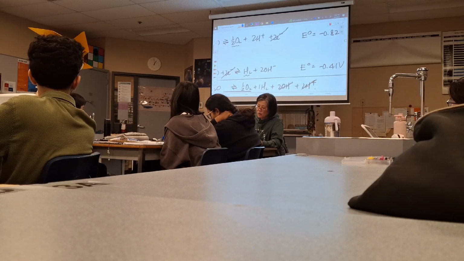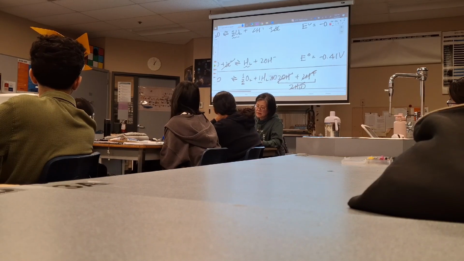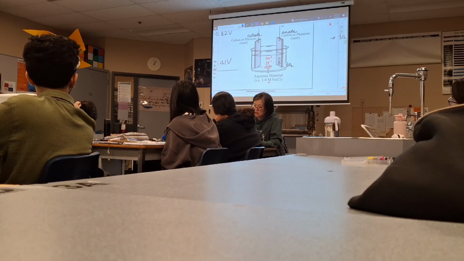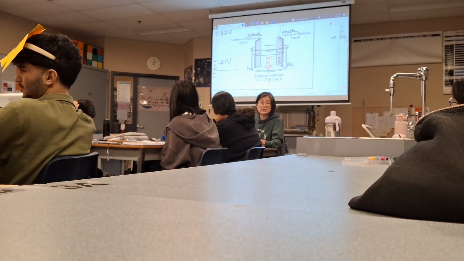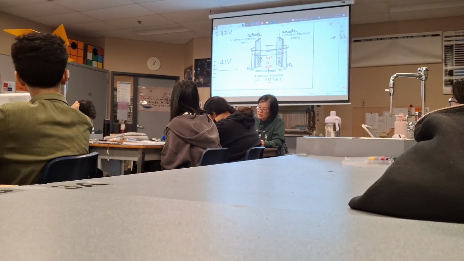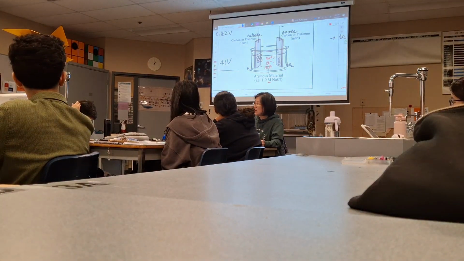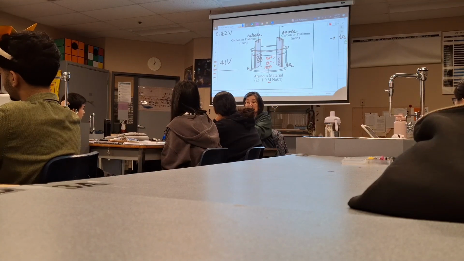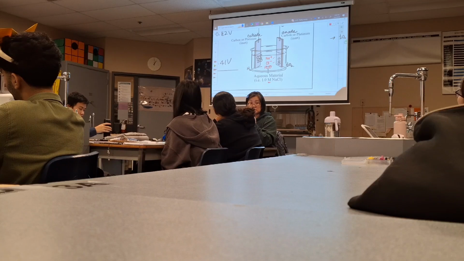If I have 1/2 to 1 for the oxygen over here, I have 3 bubbles. How much H2 should I expect to see? 6. How many bubbles? 6. I should now see 6. So in this case over here, when you do your lab today, you should expect that one side is going to be bubbling twice as much as the other.